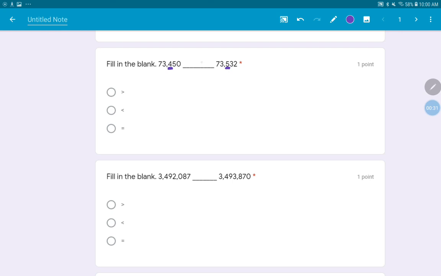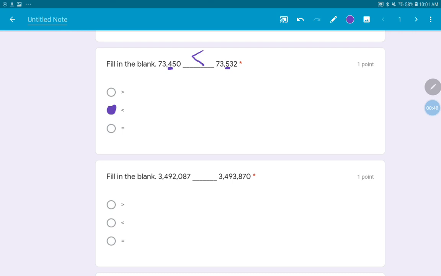Very good. We know that 500s is more than 400s. So 73,450 is less than 73,532.